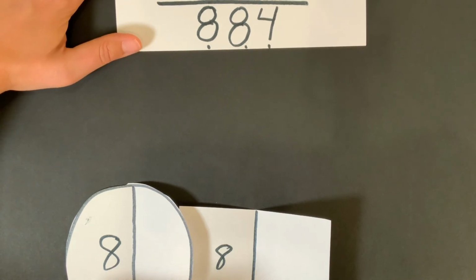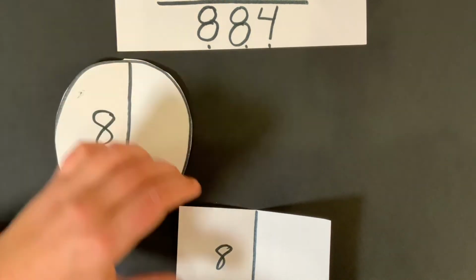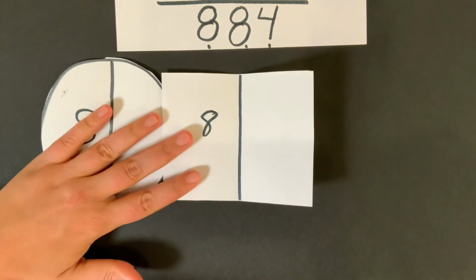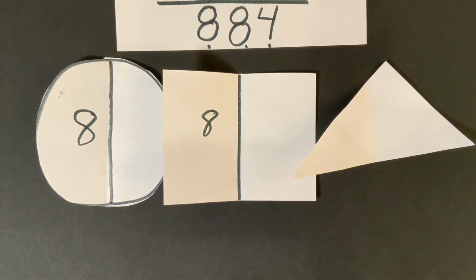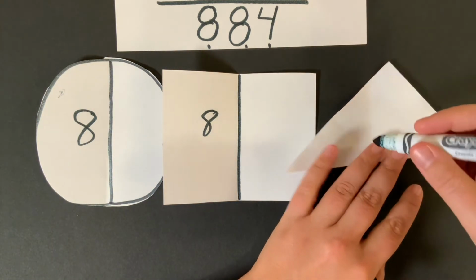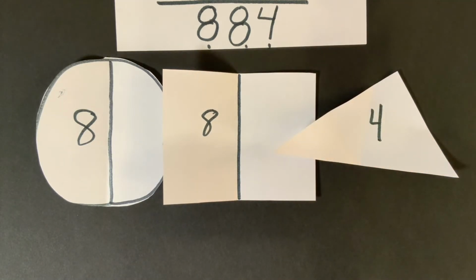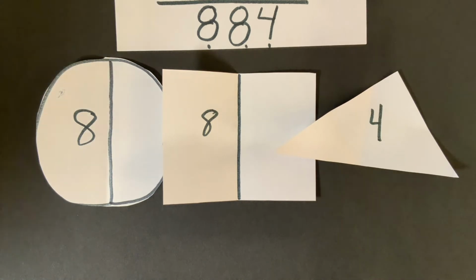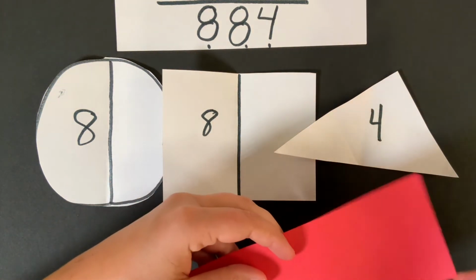So our magic number of 884, we need 8 circles, 8 squares, and 4 triangles. So get your scissors and cut out all of these shapes. I will do it with you. You can start with which shape you like best. Remember to hold your scissors safely and you cut slowly.